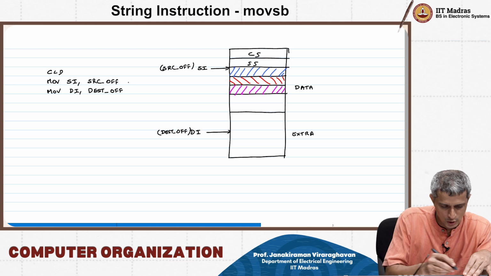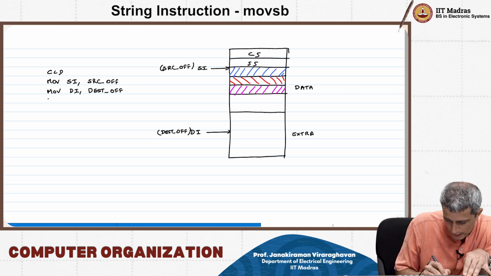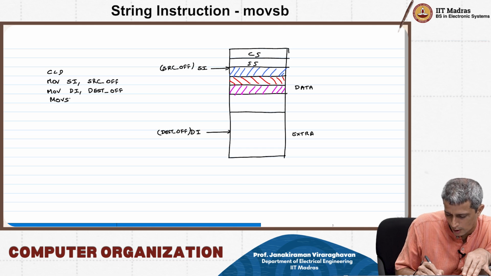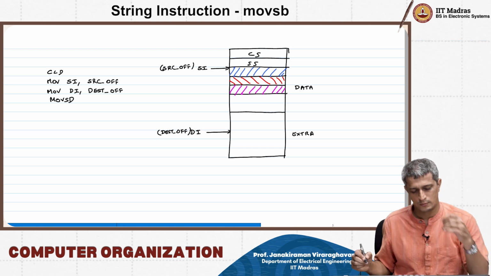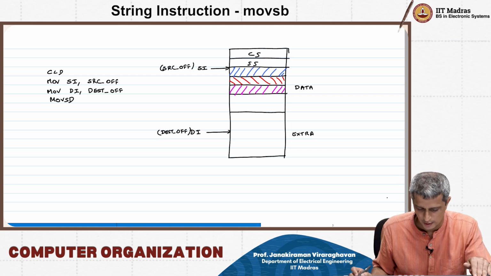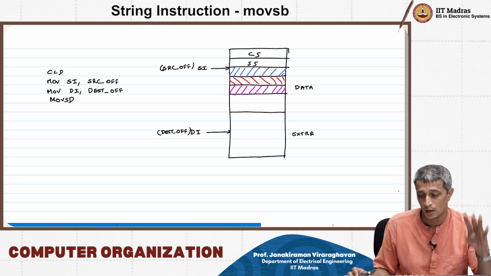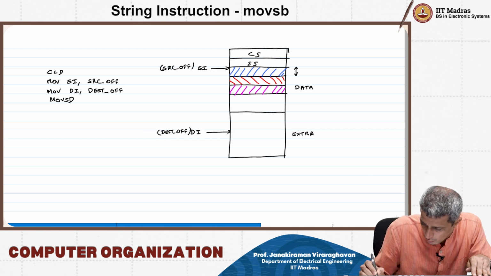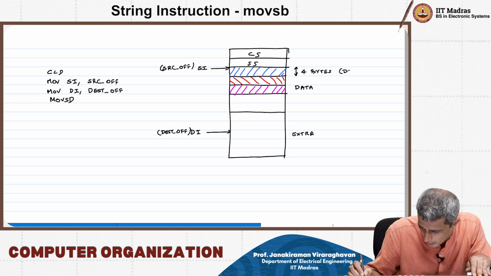okay? So, if I now go ahead and do MOVSD, the D word version, this is for D word because it is 4 bytes. Remember, each of these is now 4 bytes of information, or a D word, right?